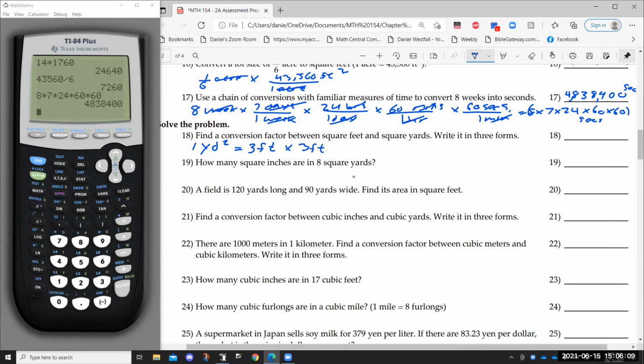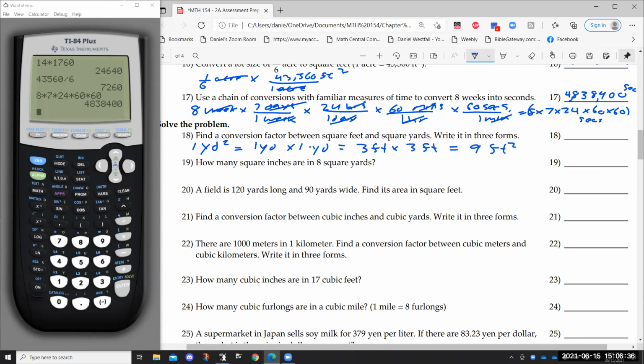Let me back this up and say that this is 1 yard by 1 yard is 3 feet by 3 feet is 9 square feet.